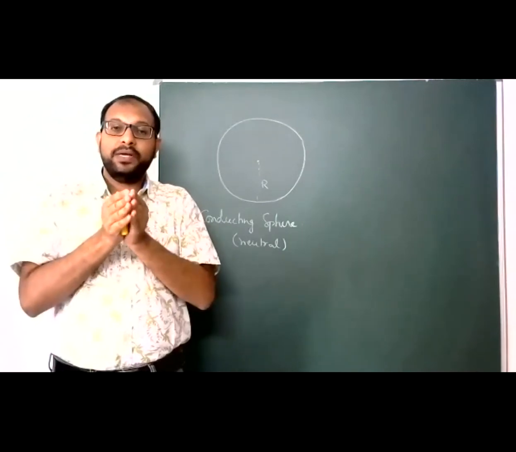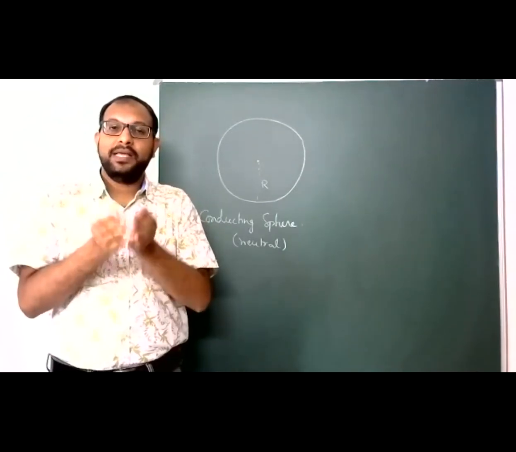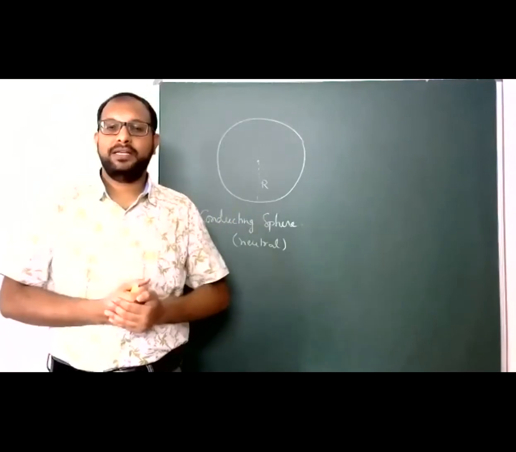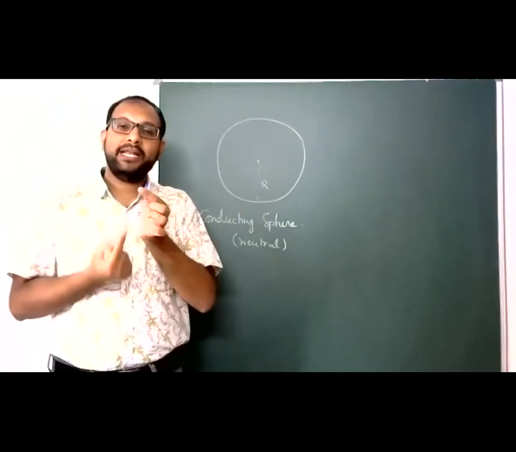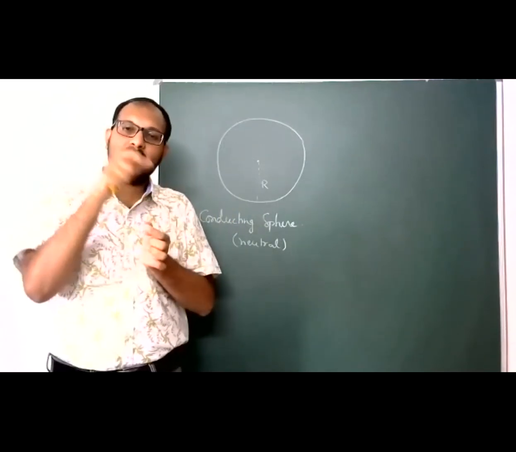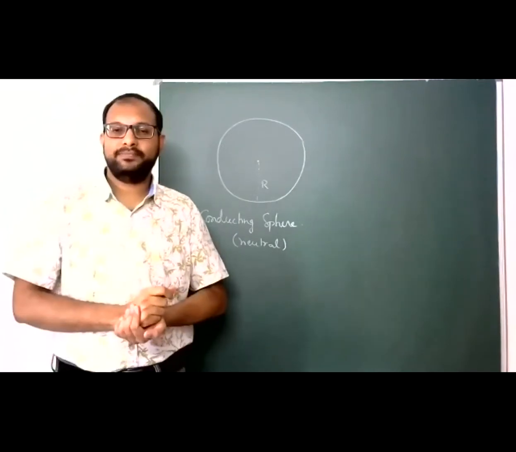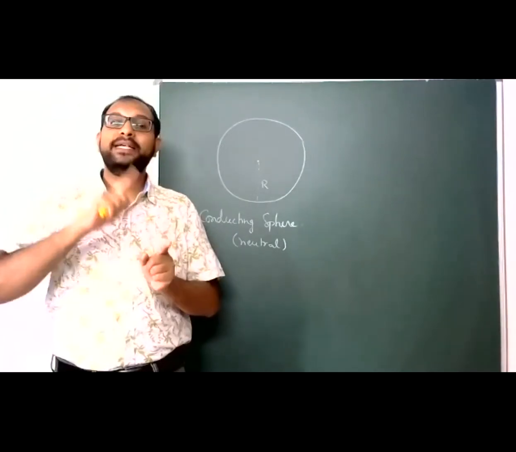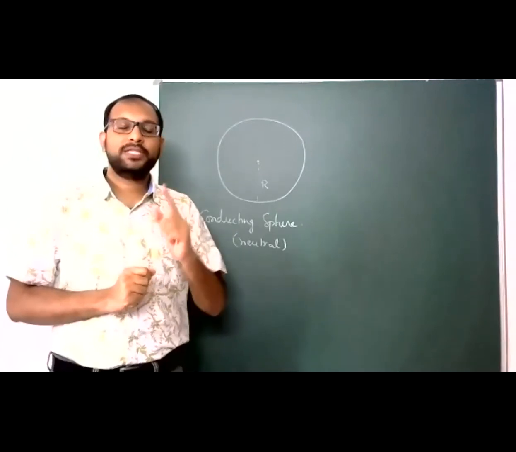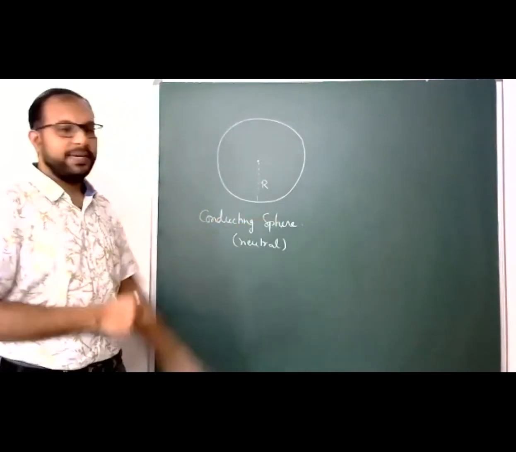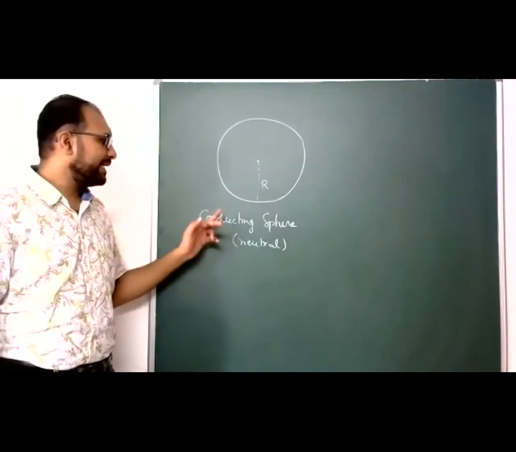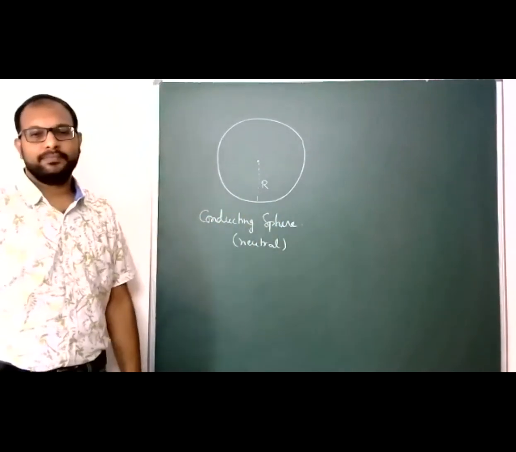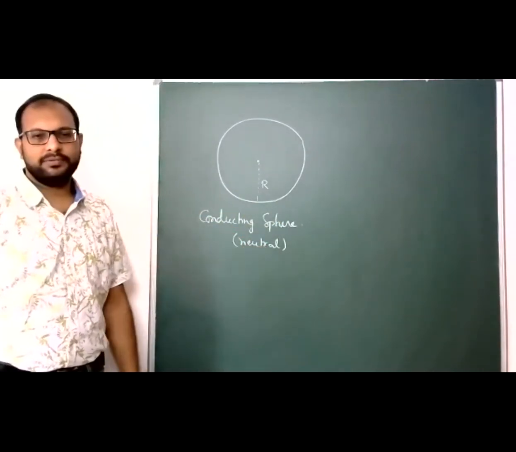If you take non-conducting, induction won't take place. Yes, that means now in case of non-conductor, free charge carriers not there. That's why wherever charge present, that location only charge resided. There is no again movement of the charge. That's why here I am taking conducting sphere, not now non-conducting. It is a conducting sphere. That is a neutral, of course.